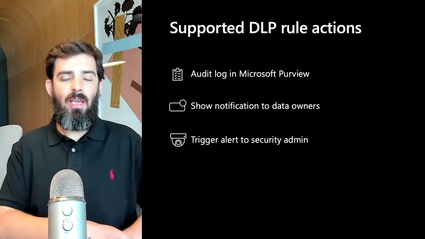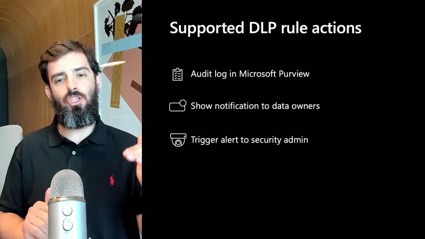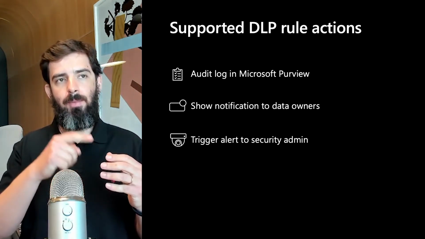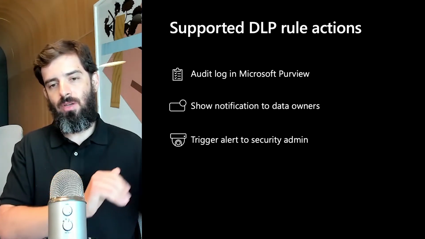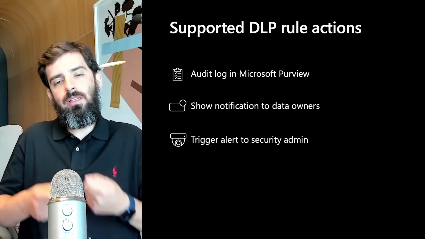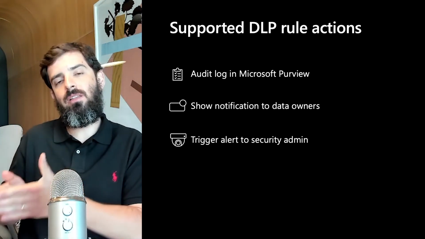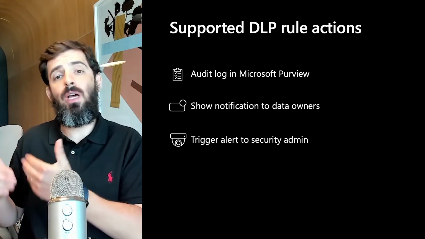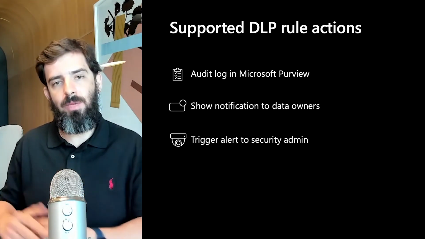For actions, as of today, we support these three actions upon condition met. First of all, every time a DLP policy condition is met, an audit log is fired and recorded in the audit logs. Second, you can configure showing the data owner a notification in Power BI service with text that you provide for the actions that they need to take or the awareness that they should have because the dataset contains sensitive information.